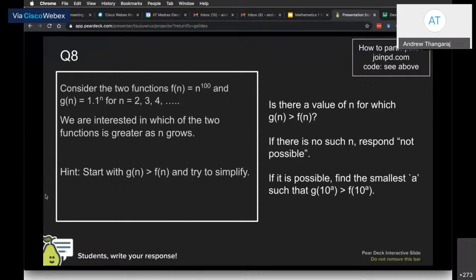This is sort of similar to the previous one. Again, two different types of functions, which are very deceiving if you just evaluate them for small numbers, but maybe a surprising result is true. Let me give you a few more minutes to play around with this and then help us with the solution.